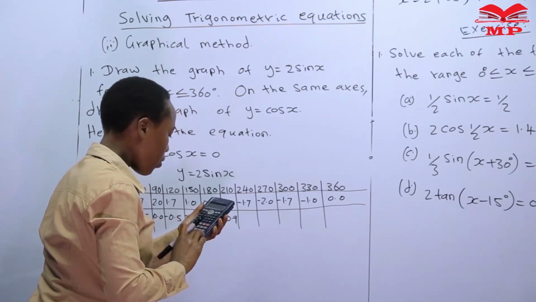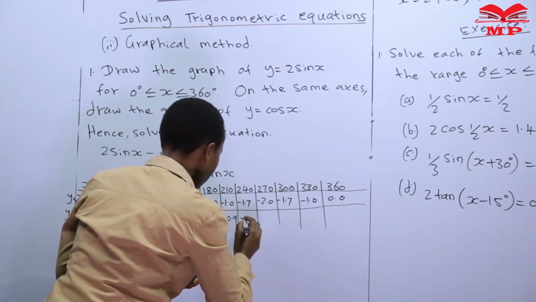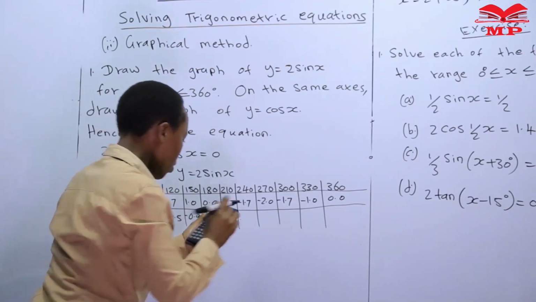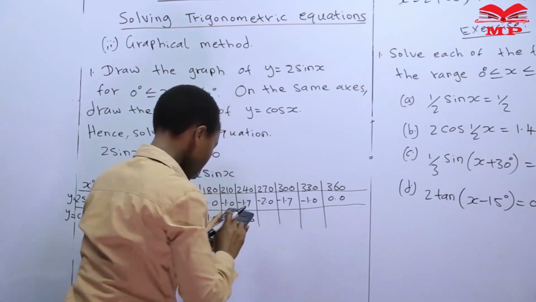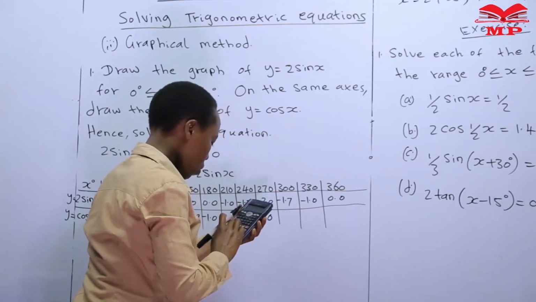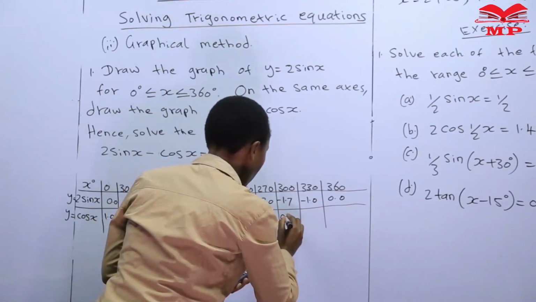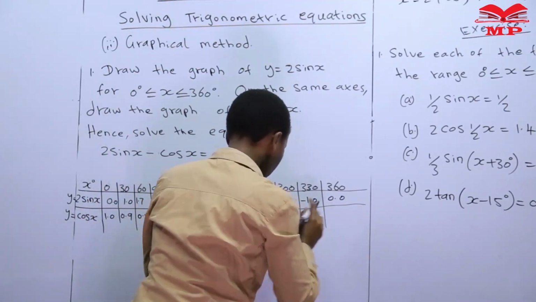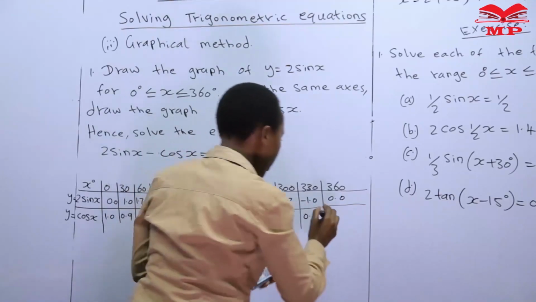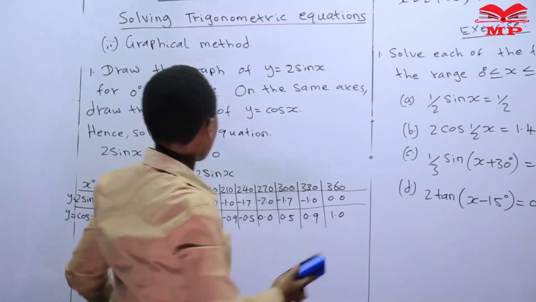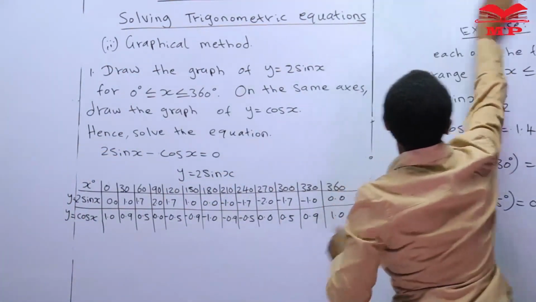Cos 240 is -0.5. Cos 270 is 0. Cos 300 is 0.5. Cos 330 is 0.9. And finally cos 360 is 1.0. Now we can plot the graphs, draw the graph, then we can solve the equation from the graph.